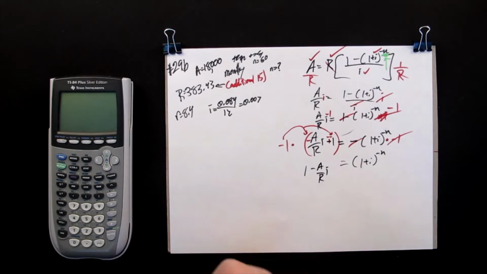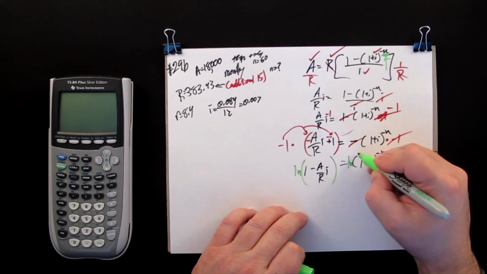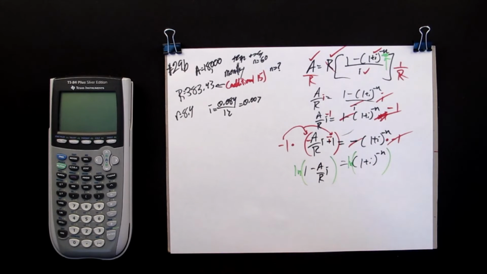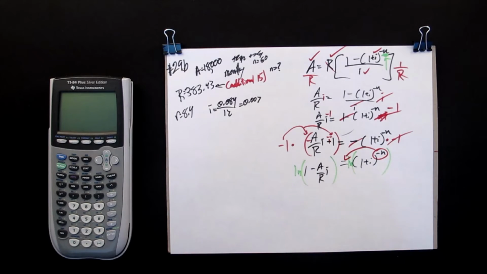Now you're ready to use the logarithm to get access to the power. Use natural log. You can use log base 10 or any other one you have easy access to. But the point is that it allows you to pull that in front.